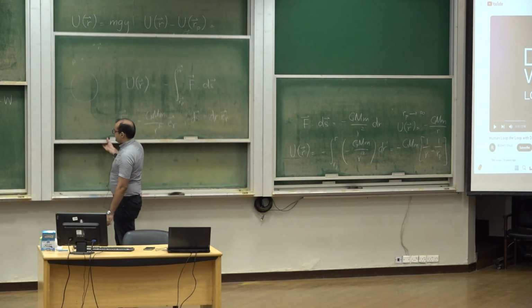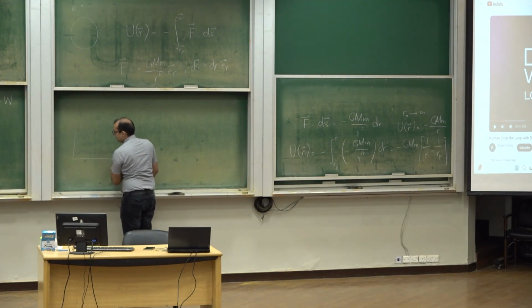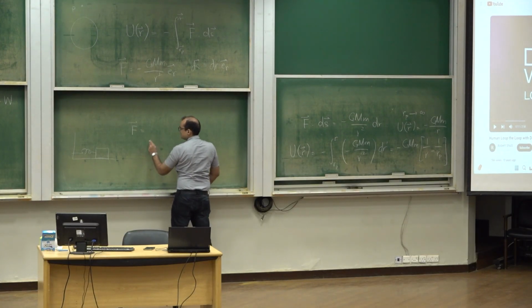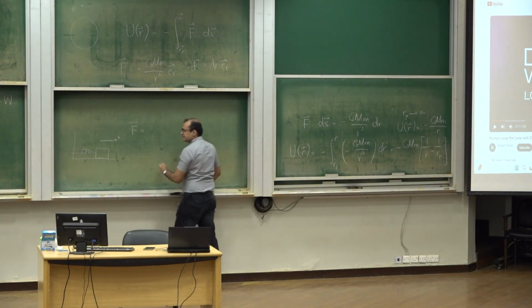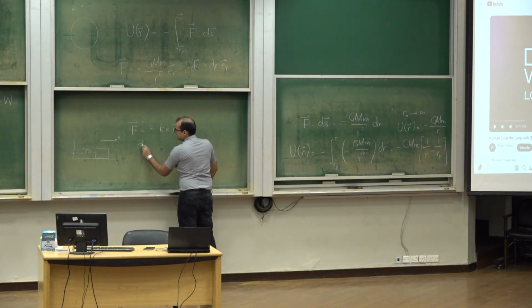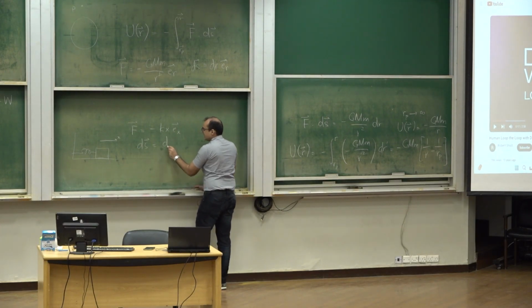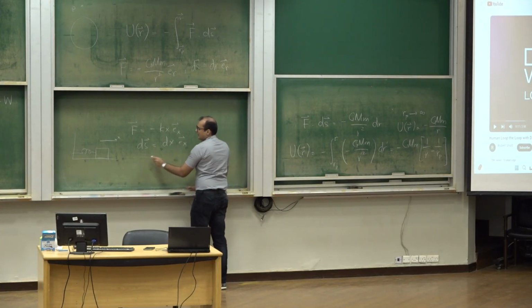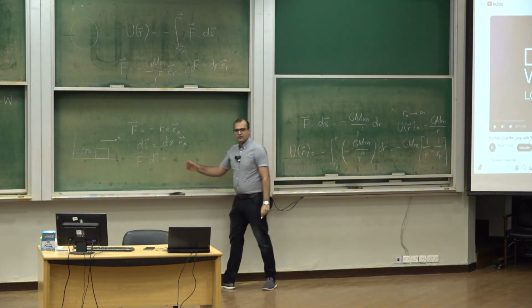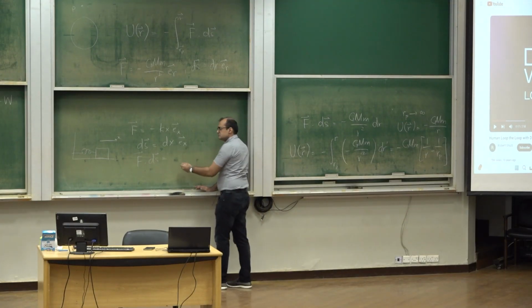Another example, the spring force. Now, the spring force is, again, if this is my positive x direction, the spring force will be minus kx ex. ds will be equal to dx ex, so F dot ds will be equal to minus kx dx.